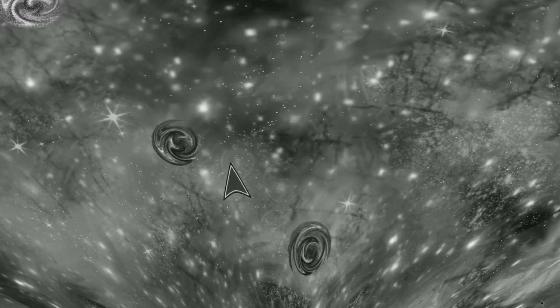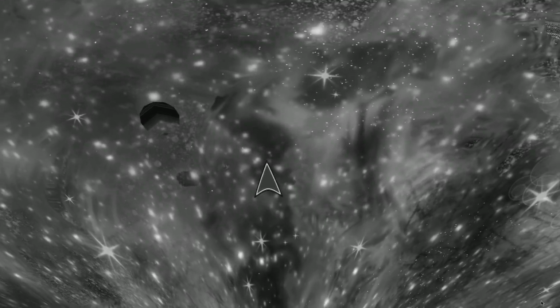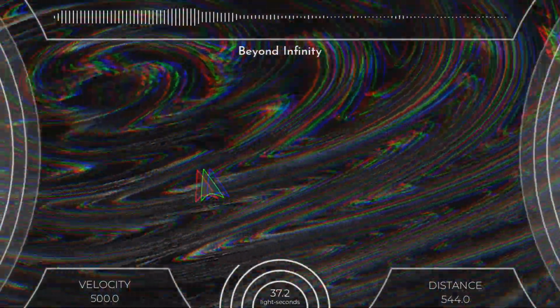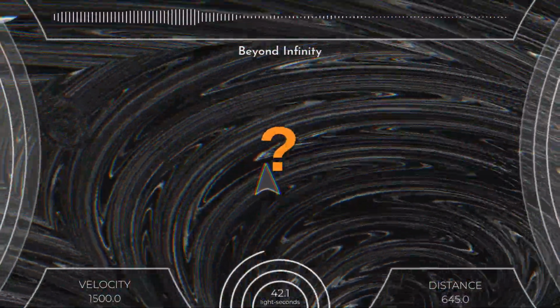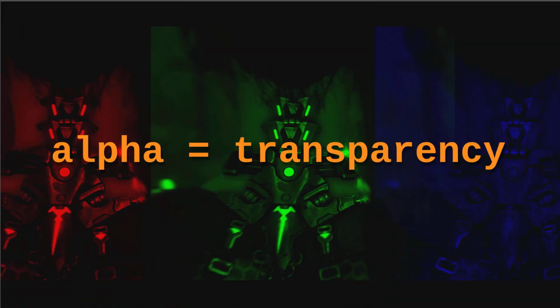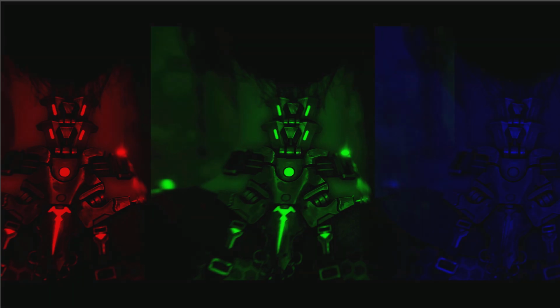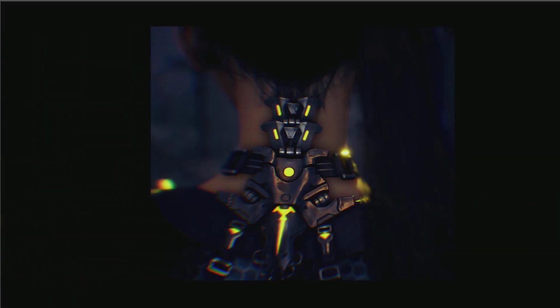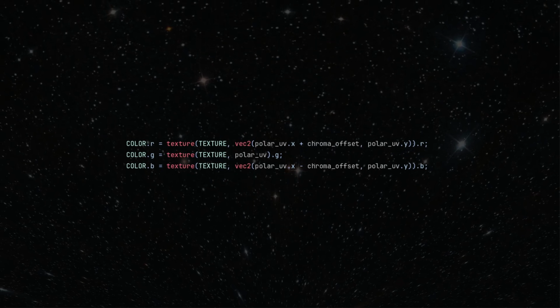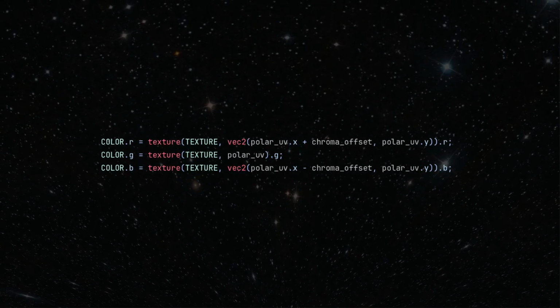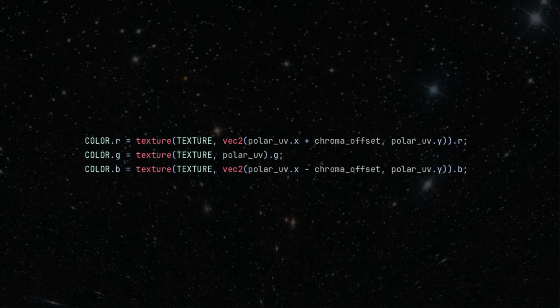But as we've seen in our previous example, we do have this amazing chromatic aberration effect. And how do we achieve that? Just picture it like this. Our image has 4 channels: red, green, blue, and alpha. To achieve our chromatic aberration effect, we want to slightly offset these channels. In my case, I chose to offset the red channel in the positive X direction and offset the blue channel in the negative X direction.